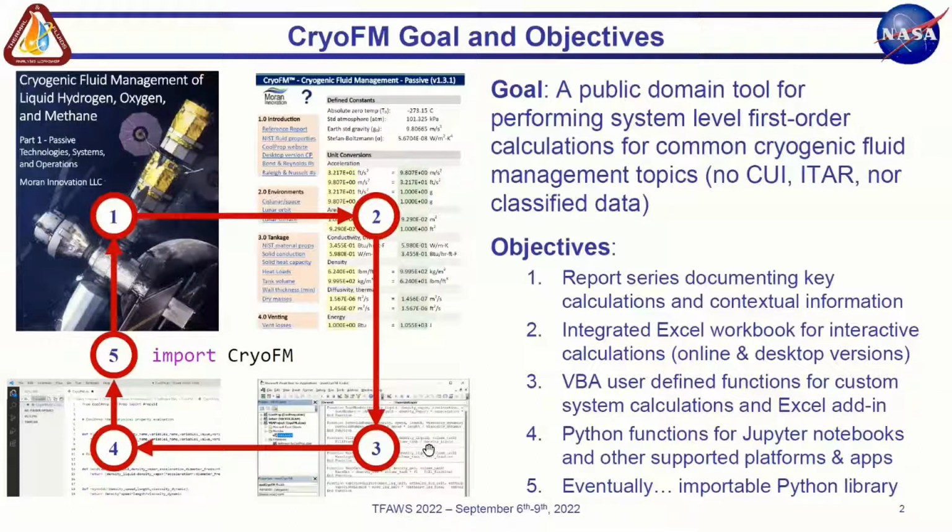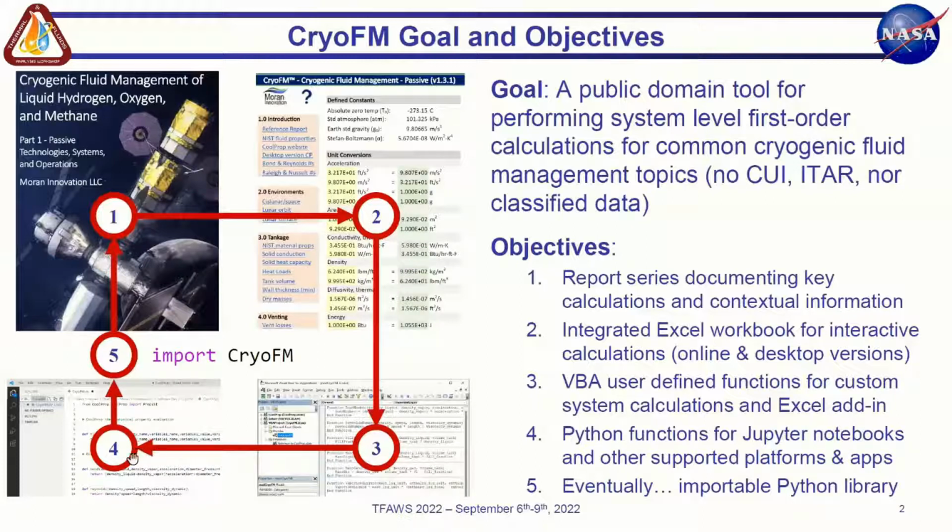And again, these are first order. They're mostly closed form solutions, although doing it in programming in Visual Basic does allow some amount of numerical analysis or time stepping algorithms. So that's a possible future addition.